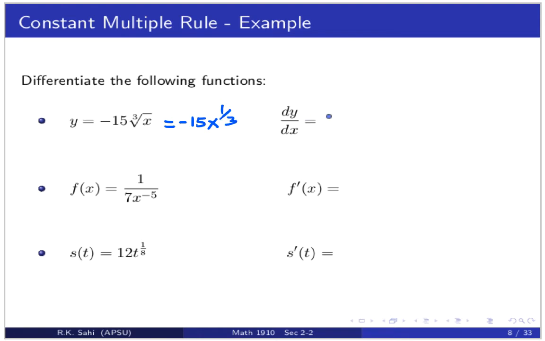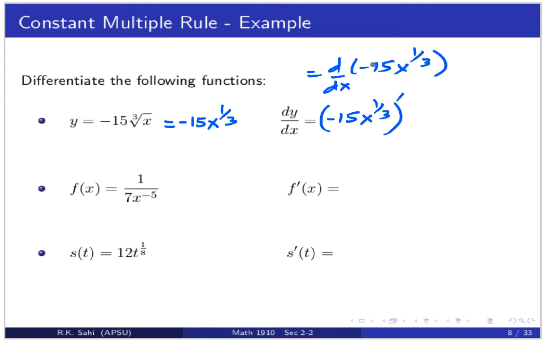So basically it means negative 15 x to the power 1/3, you're taking the differential. I'm going to make my life simple. You can write this as d/dx of minus 15 x to the power 1/3. Now remember, it's a constant multiplied to a function. You can simply take the negative 15 outside and apply the differential on the cube root of x.